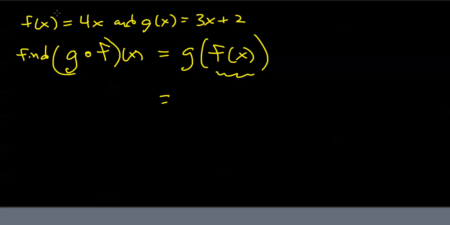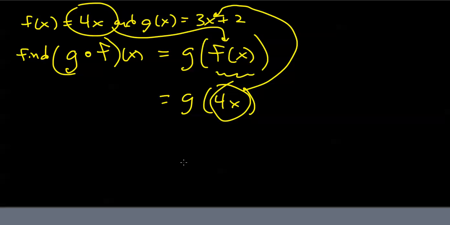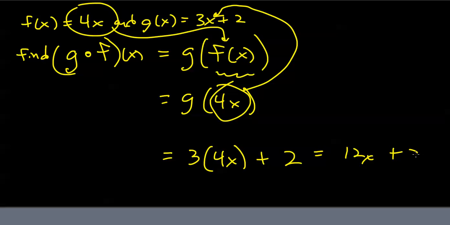I'm going to substitute f of x into the input of g of x. So I really want g of 4x to be evaluated. Now 4x becomes the input of the g function. So I take 4x, multiply it by 3, and then add 2. And grind it out arithmetically. 3 times 4x is 12x plus 2. And notice it's a different answer than I got from f composed with g of x. So in general, this is an important point, function composition is not commutative.